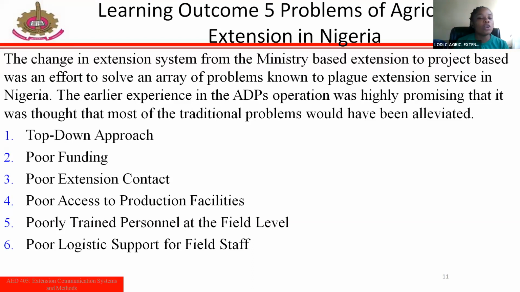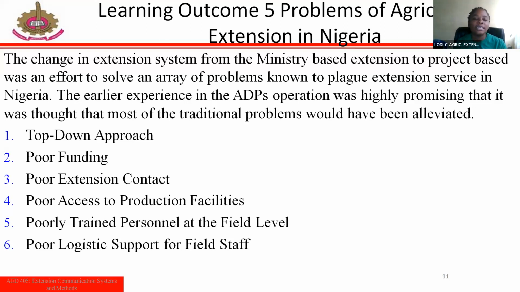First, one of it is the top-down approach. I think I've explained it when I was talking about typology of extension. I have explained that information needs to be shared. Even when you want to impose a particular innovation on the people, you must make sure you have their opinion about the information.